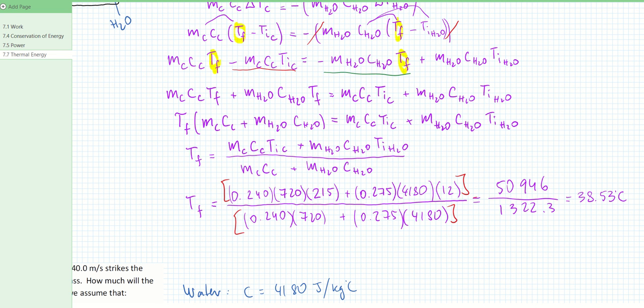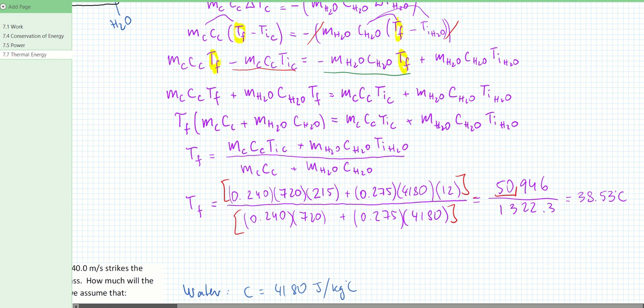Well, let's double check. 0.24 times 720 times 215. That's going to leave us with no decimal in the first term. 0.275 times 4180. So no decimals. So when you add them, you should end up with no decimals, which basically means you end up with 2 sig figs on the top.